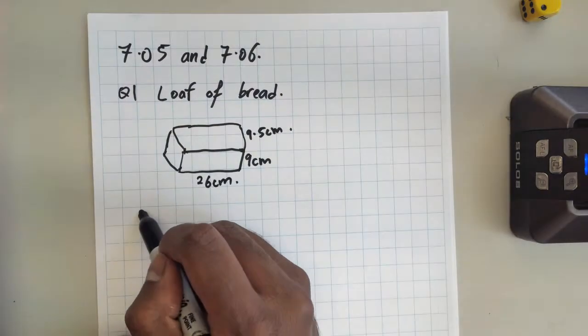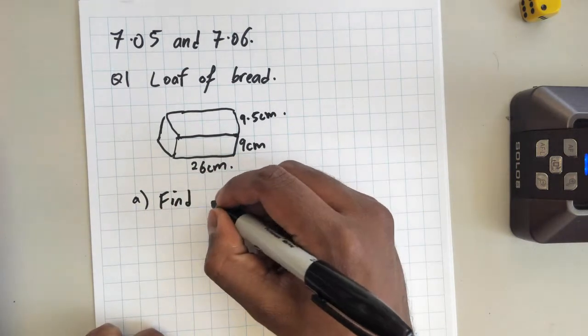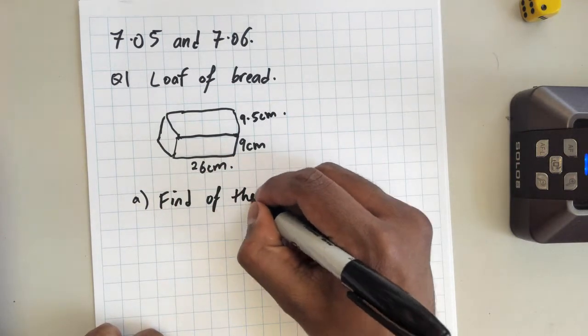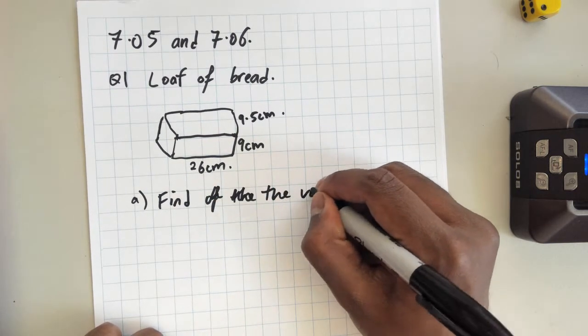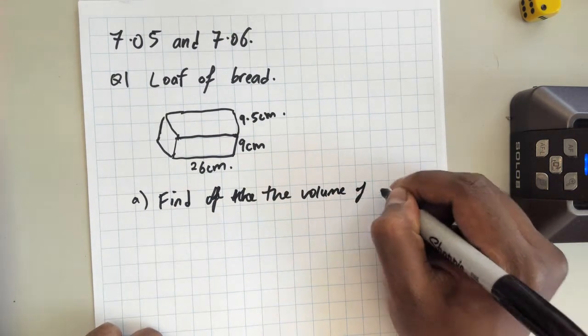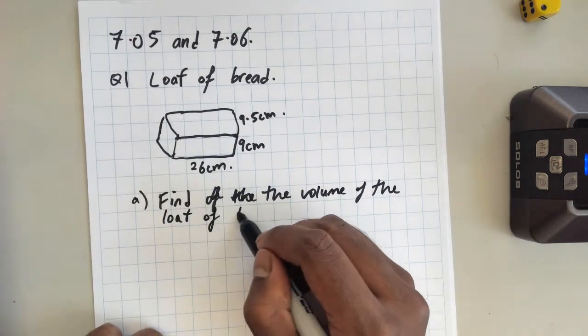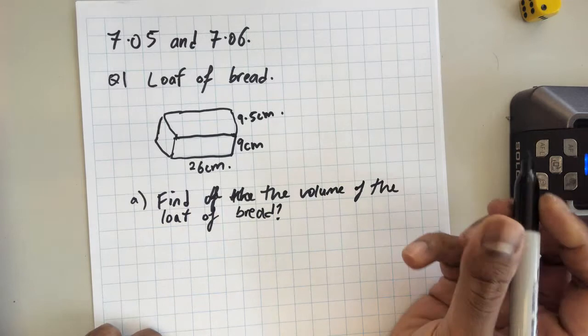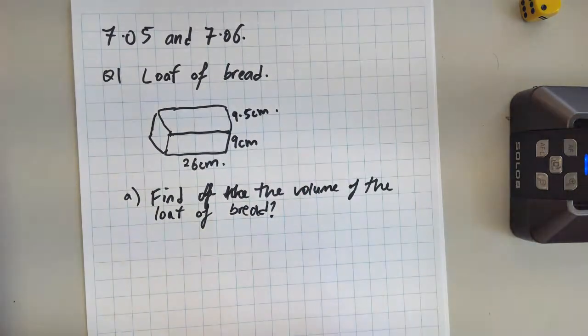Question A. Find the volume of this loaf of bread. Very simple. There we have our area, and we times it by the height of our prism.